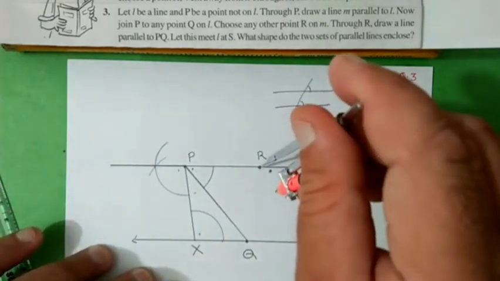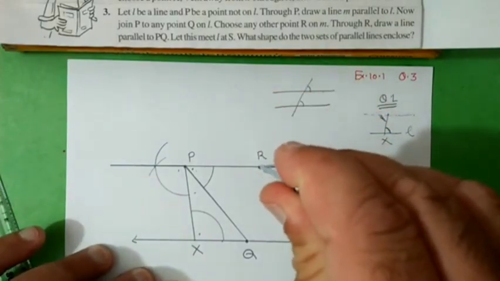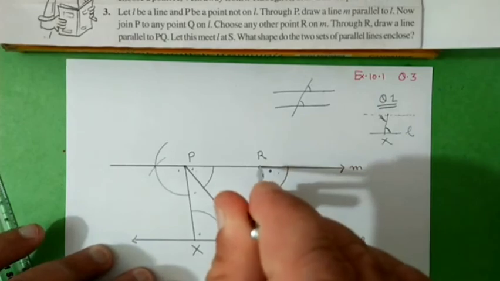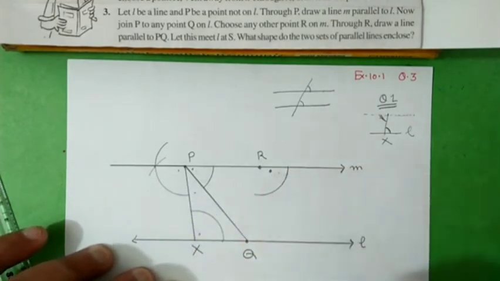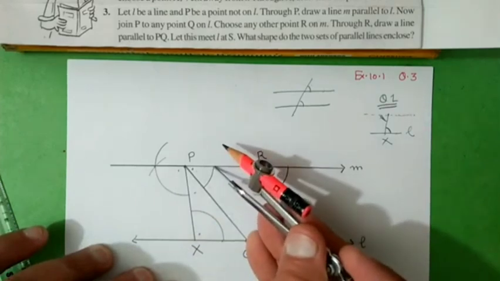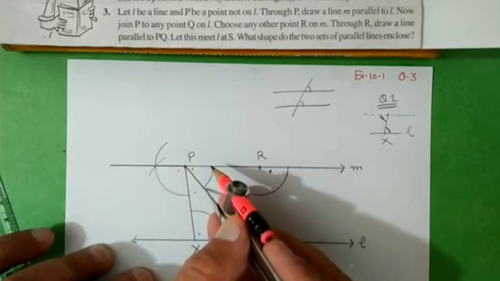Okay. Now using the same measurement, I am going to draw an arc to this side with the point R. Okay. So like this we are constructing the line parallel to PQ.